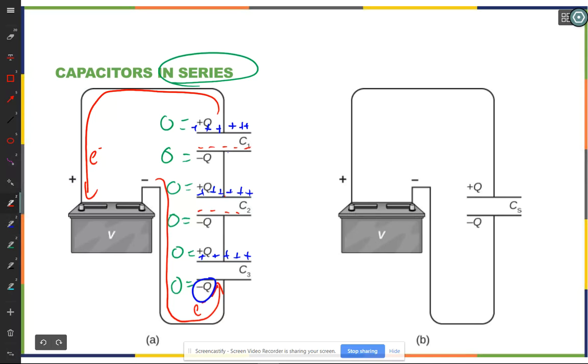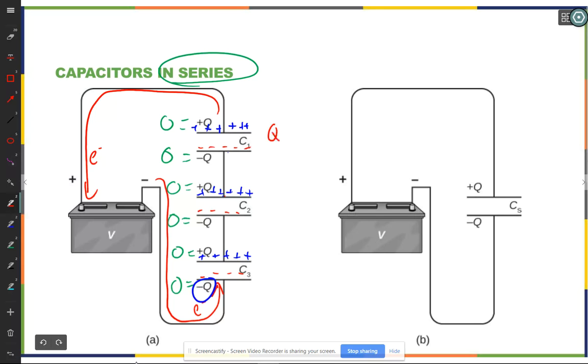And we have the electrons that are already spread over here. And so because it's just electrons moving from one plate to another, each one of these plates has the same magnitude of charge. And so the charge on each plate is exactly the same magnitude.